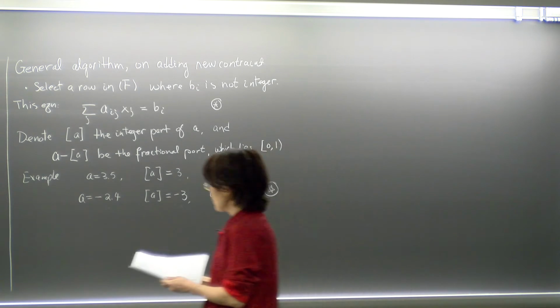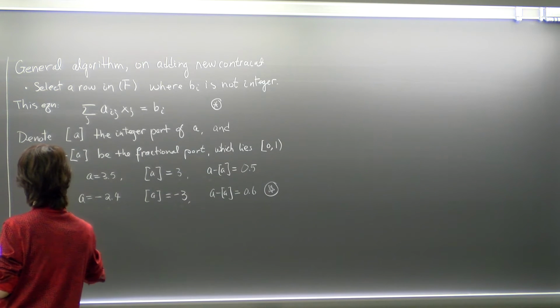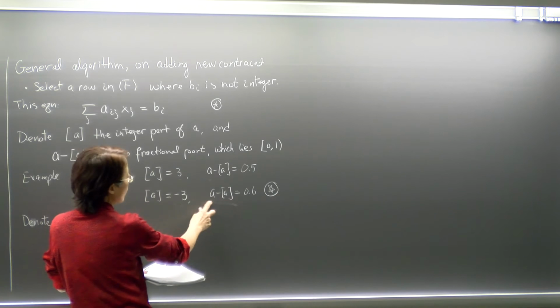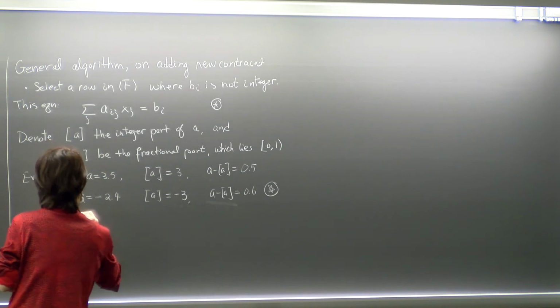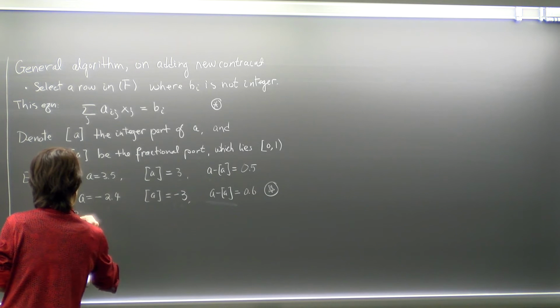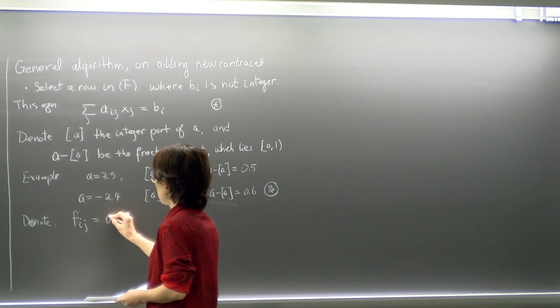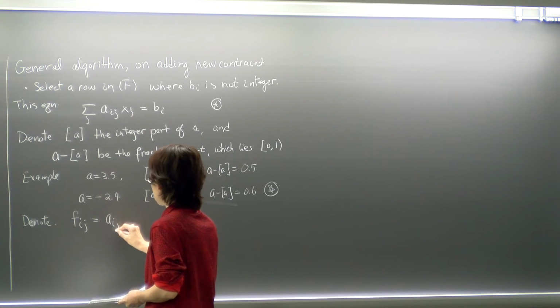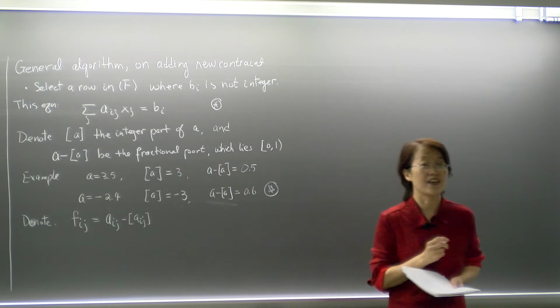Okay, introduce a few more notations. So now in my problem, I have coefficients A, and I have the right-hand side B, and it's a bit annoying to write the fractional part, so let me denote something. Let's call F the fractional part. Fij will simply equal Aij minus the integer part of Aij, the fractional part of the A coefficients.